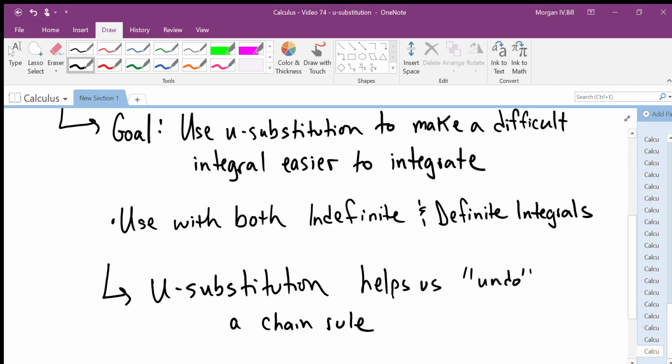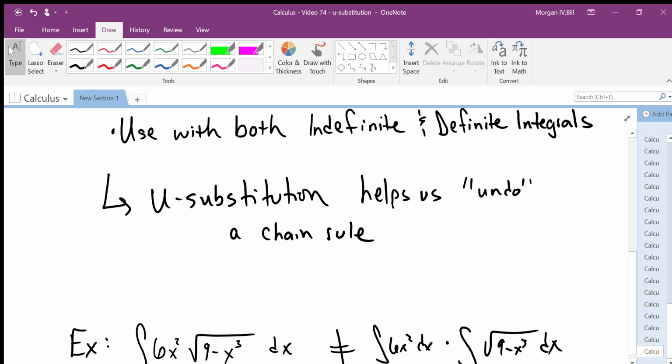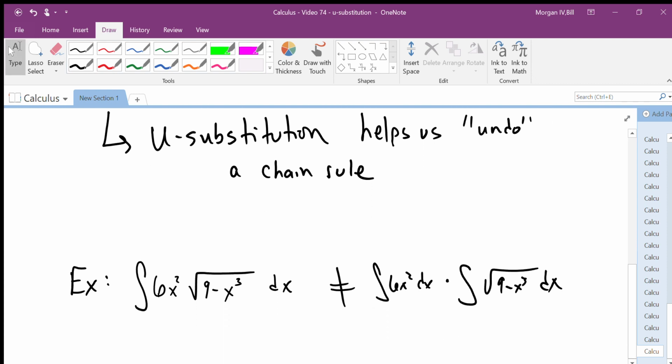So you're thinking of it, if I had a function that I took the derivative of, and I needed to use the chain rule to take the derivative, if I were to go back to the original function, I would need U substitution to help me undo that chain rule derivative that I just took. Okay, it's undoing a chain rule. It might look down here like we're kind of undoing a product rule, but this is really undoing a chain rule here.